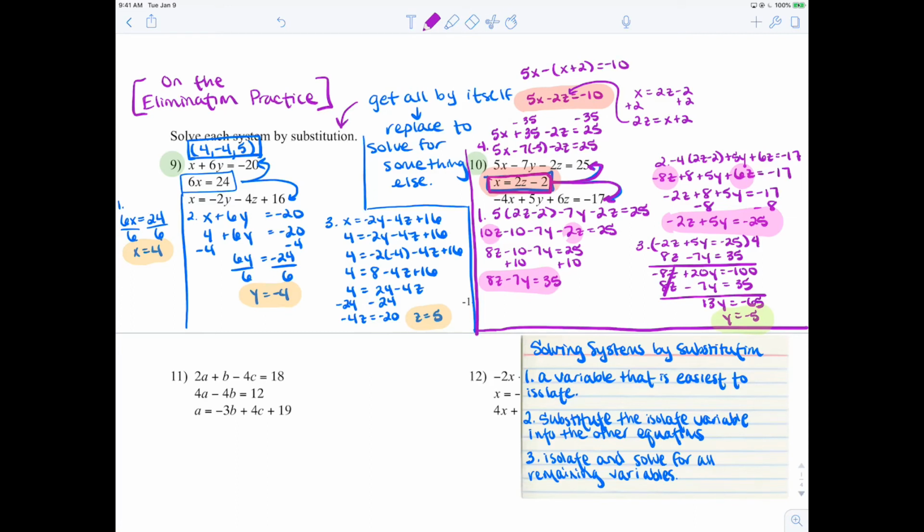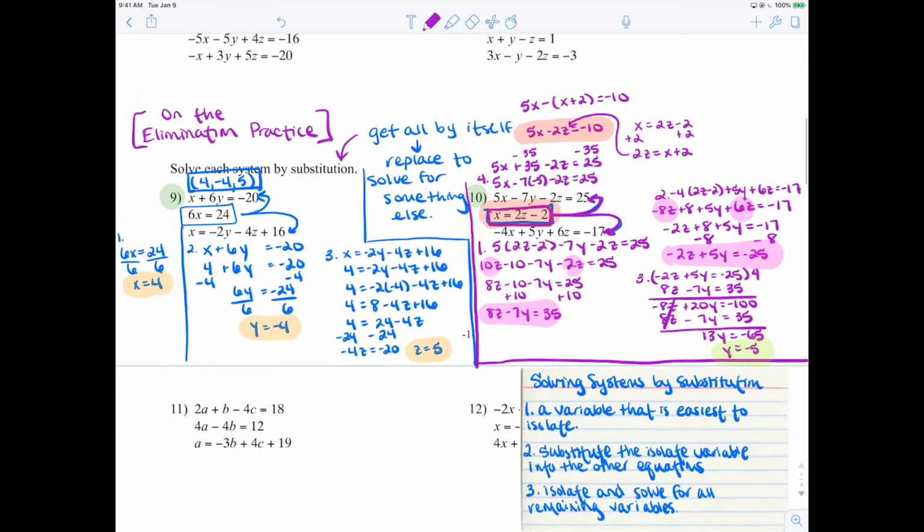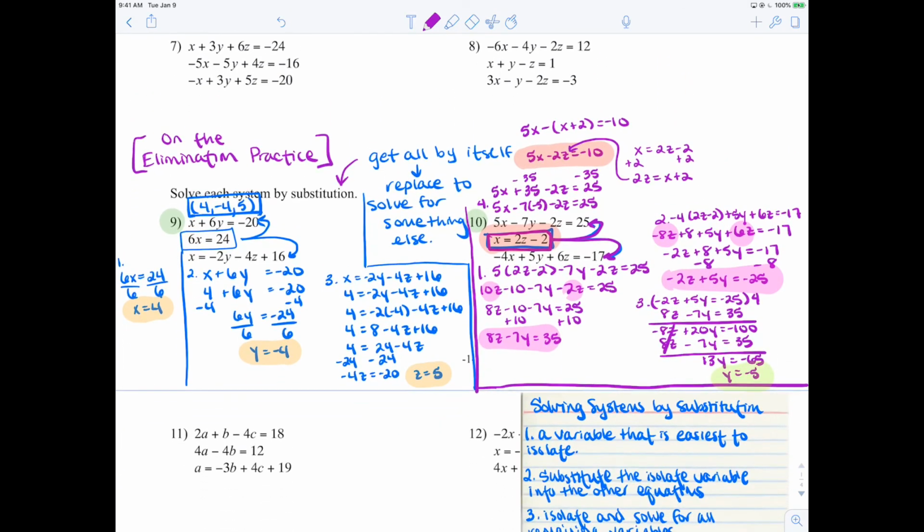And now I only have one variable to solve for. So as I solve for x, now I get 5x minus x minus 2. So I have to distribute the negative to both pieces inside my parentheses, equals negative 10. And now I combine like terms. 4x minus 2 equals negative 10. And when you add 2 to both sides, 4x equals negative 8. So x equals negative 2.